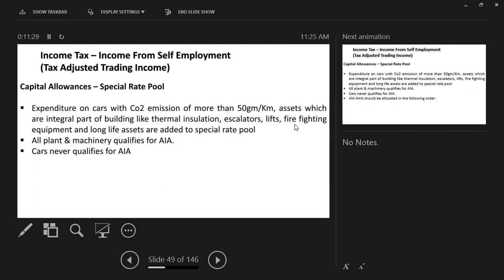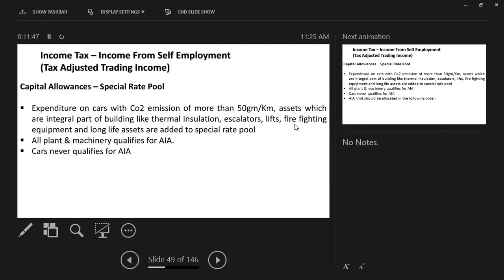For example, if I talk about special rate pool assets, we can claim only 6% allowance, and that is also on written down value.